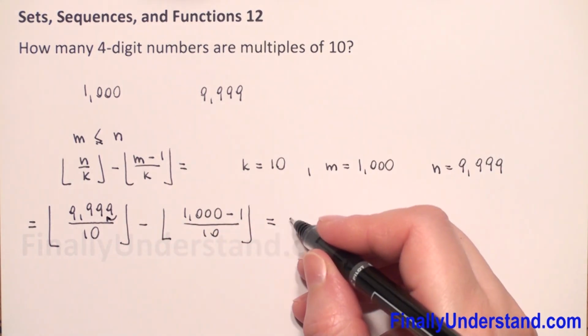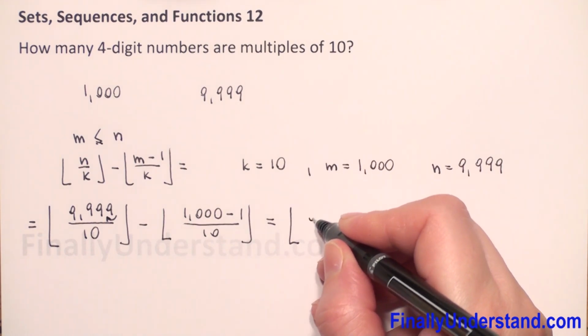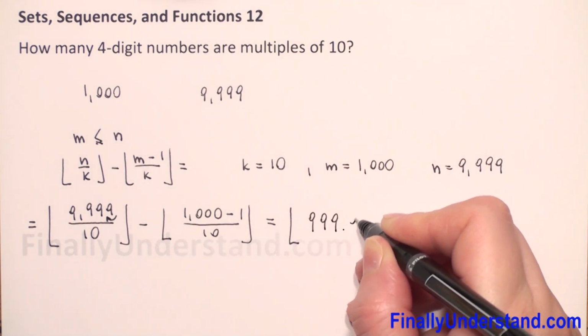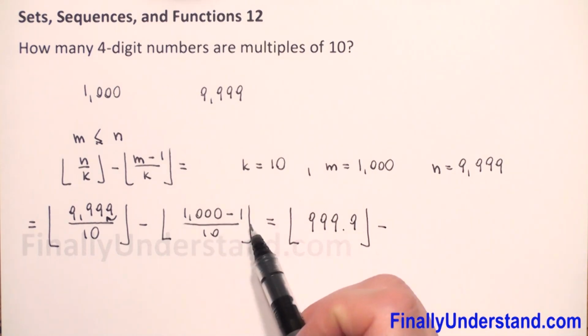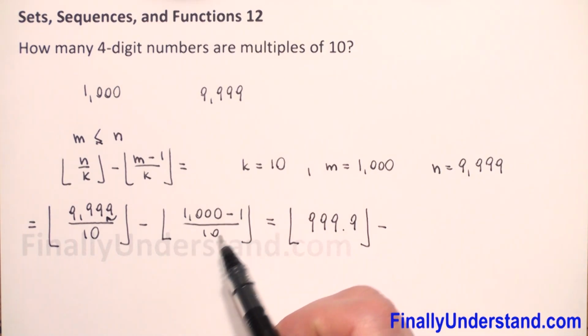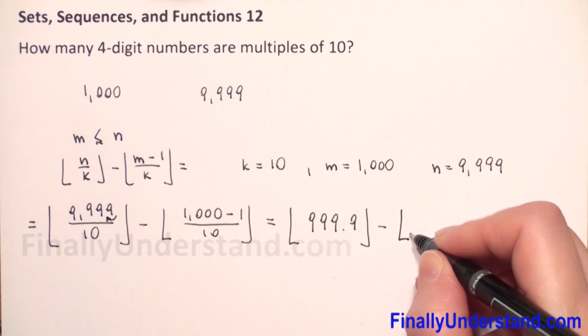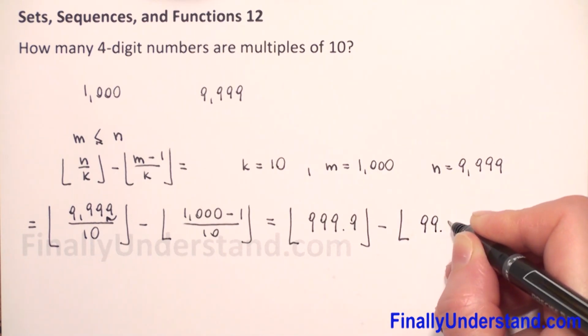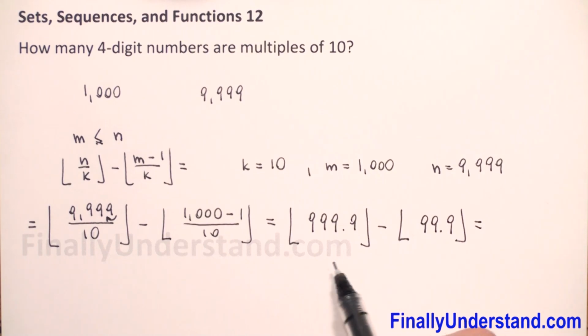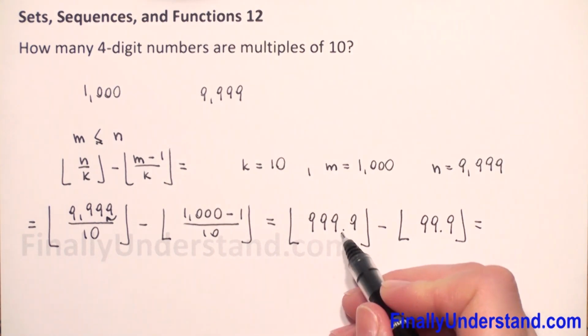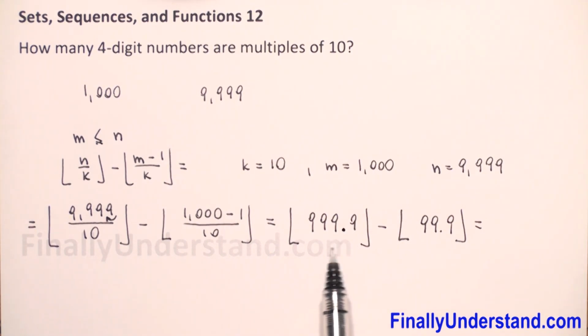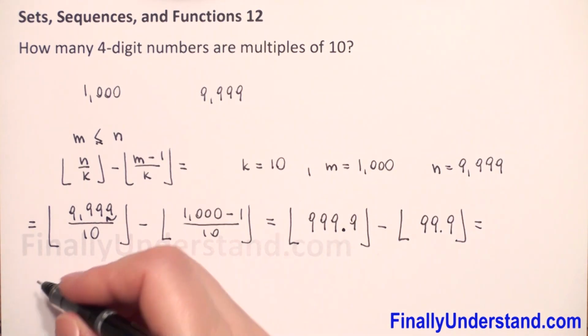So it will be the floor of 999.9 minus the floor of 999 divided by 10, which is 99.9. Now, when we find the floor of a number, we have to find the largest integer less than or equal to this number, because we have a decimal point here. So the largest integer will be, for the first number, 999.